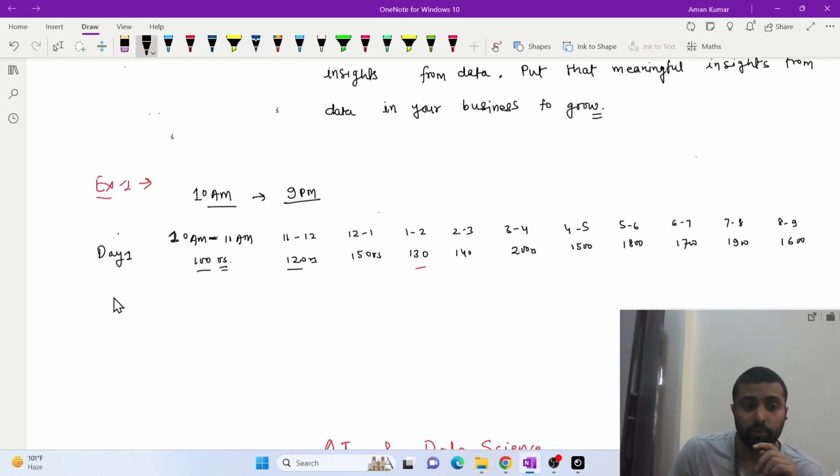Now in day two, again you open the shop, of course. From 10 to 11 a.m. you get a profit of 150 today. 11 to 12, 130. 12 to 1 is 200. 1 to 2 is 150. 2 to 3 is 120. 3 to 4 you get 170.